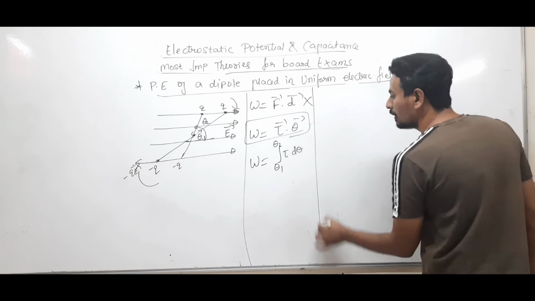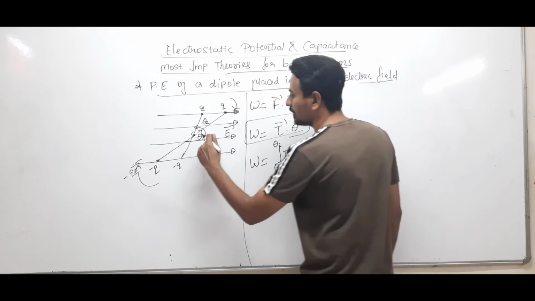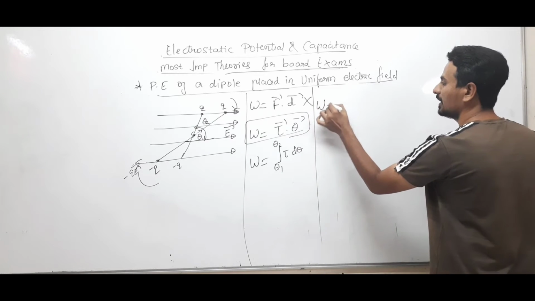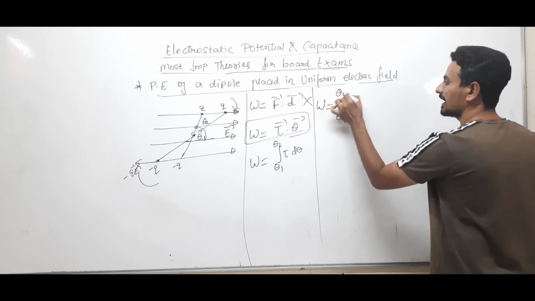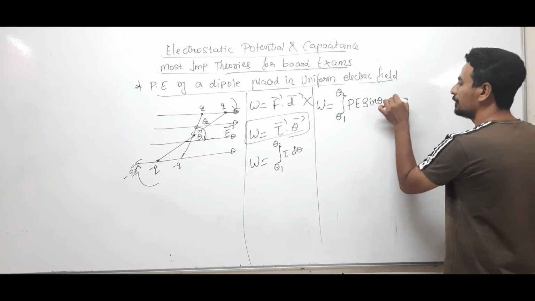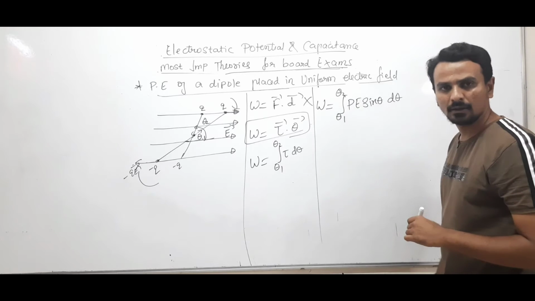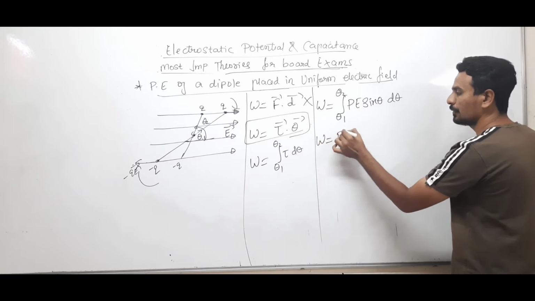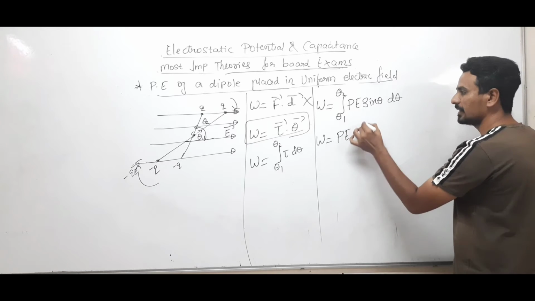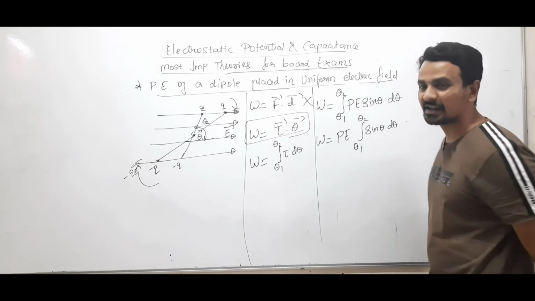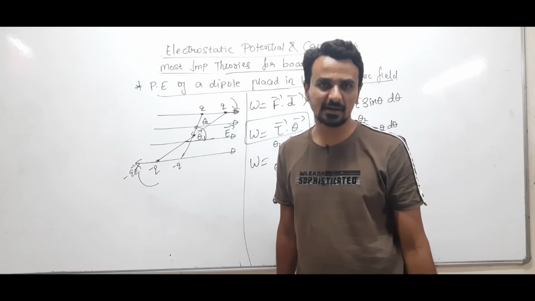Okay, so now you have to rotate the dipole from position 1 to another position 2. So this work done will be, what is torque acting on a dipole? This already we had discussed in the video, P E sin theta. P represents dipole moment, E represents electric field, remain constant, can be taken outside, sin theta d theta. Integration of sin theta is minus cos theta.